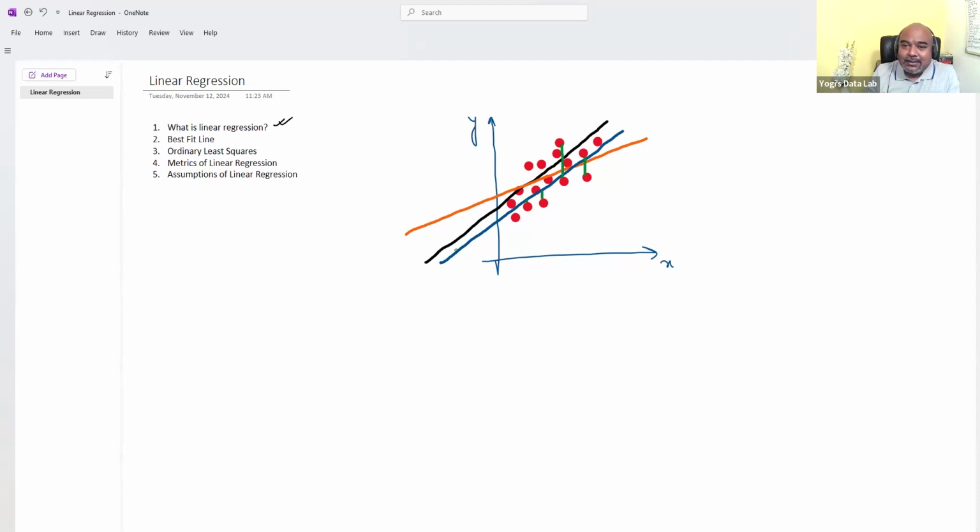So to understand this, we'll go with another diagram and try to understand what is a predicted value, what is an error, and how do we come up with the metric around it to identify which one of them could be my best fit line. So let's draw this.